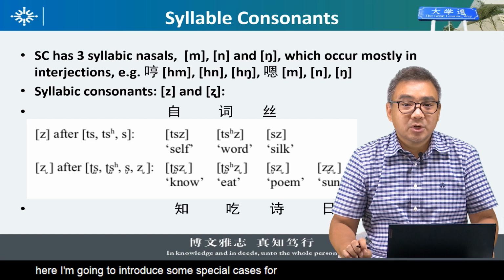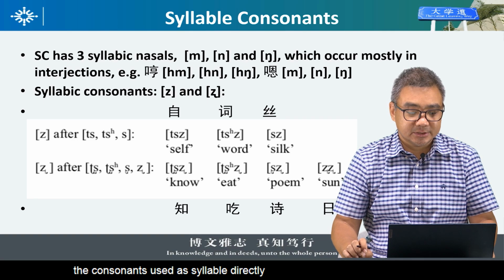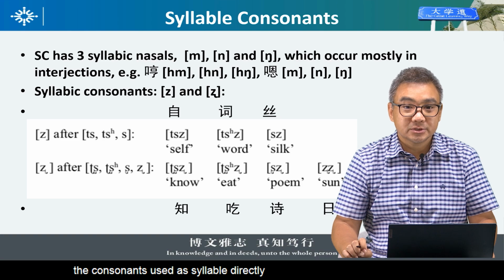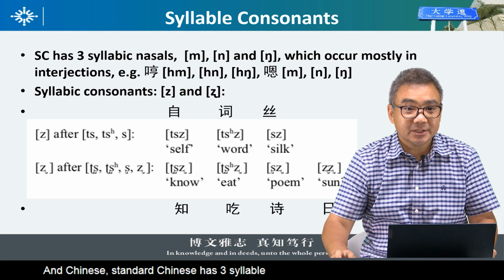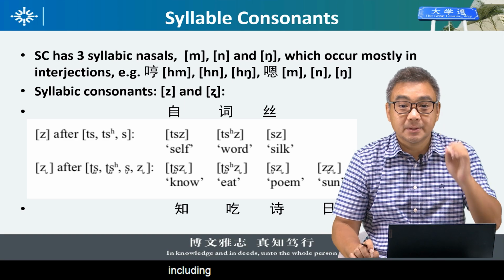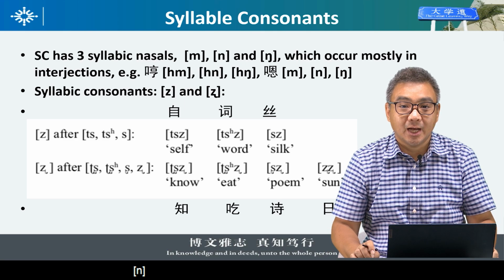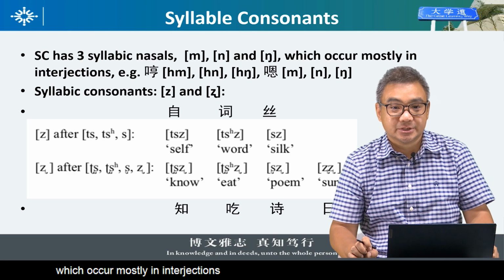Okay, here I'm going to introduce some special cases for the consonants used as a syllable directly. Standard Chinese has 3 syllabic nasals, which occur mostly in interjections.